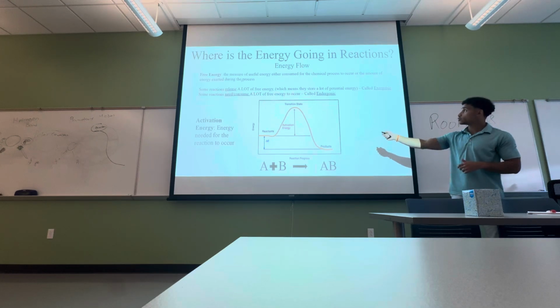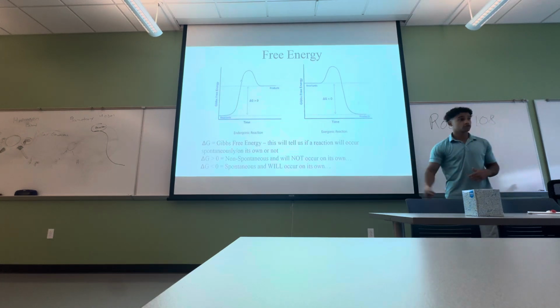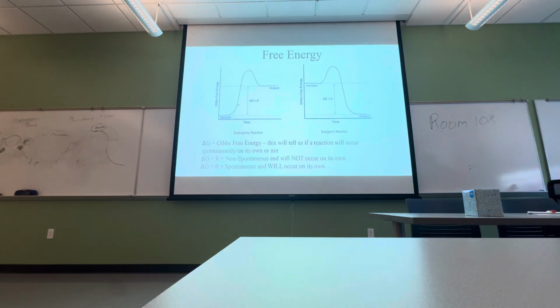This is not an endergonic or an exergonic reaction, but they change depending on if they're endergonic or exergonic. So again, understand this is still reactants and this is still products. We're trying to get from here to here. Now with endergonic reactions, we need energy for it to occur. We're not really releasing any energy. So we have a very high hump to get over. This is still the energy of activation. We require a huge hump to get over.